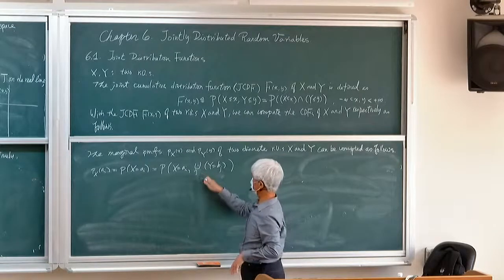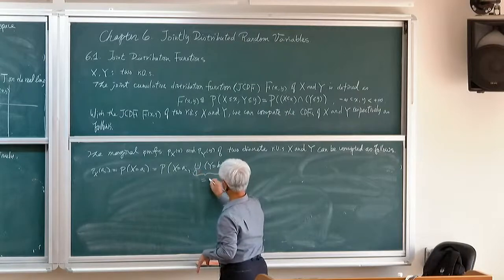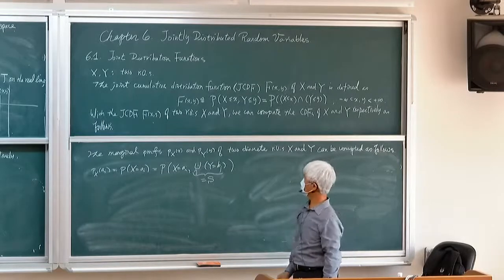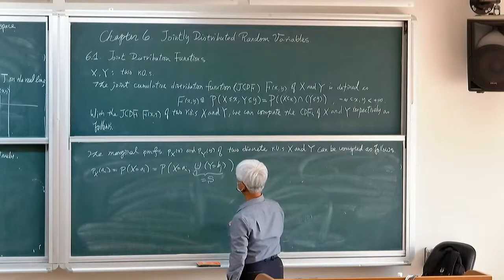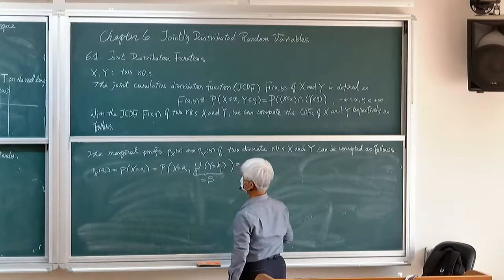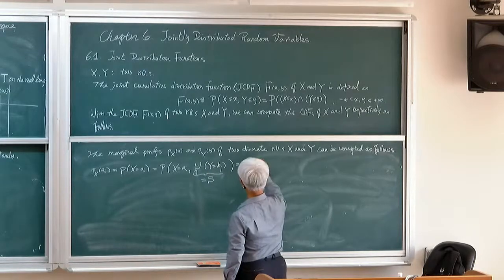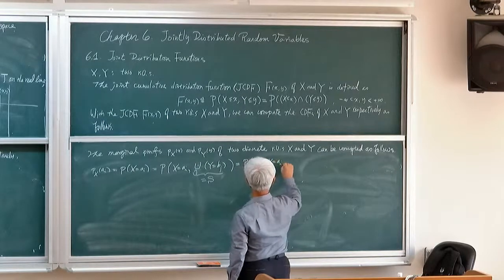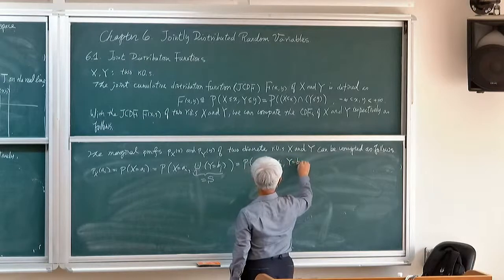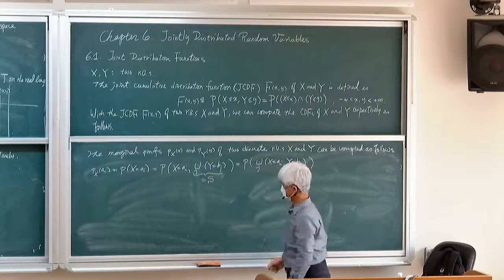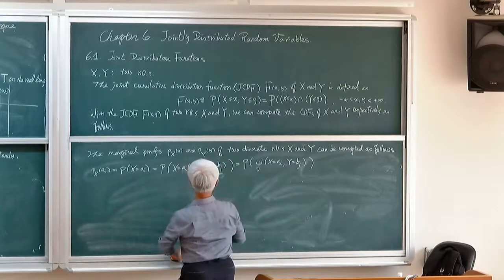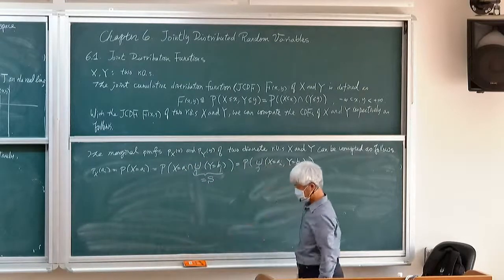We know that. So this becomes the probability that X equal to a_i, Y equal to b_j. Maybe you like the intersection notation, that's fine.